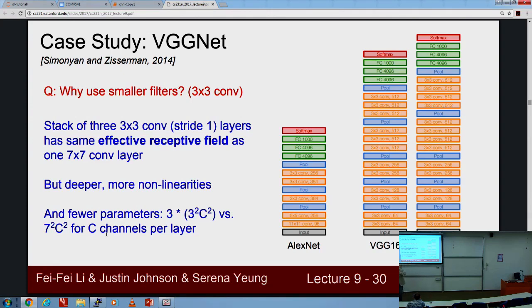Because it's 7 times 7 times input channels times output channels, which are both C, we're assuming. Whereas 3 layers of 3 by 3 filters is going to be this much, right? Each layer is going to be 3 by 3 times C by C, and we have 3 of them. So what is this? 49C squared, and this is 27C squared. So you actually use fewer parameters in the stacked 3 by 3 case.